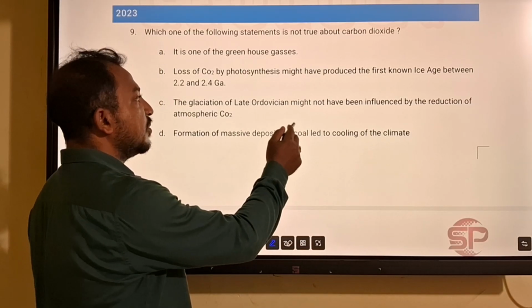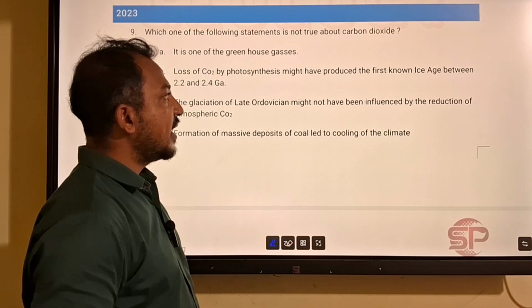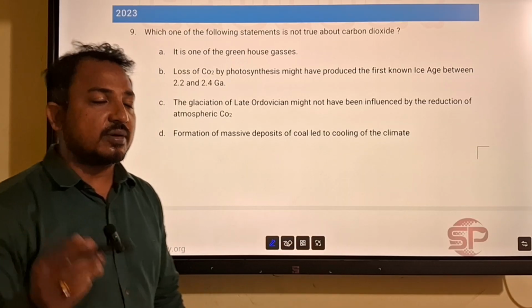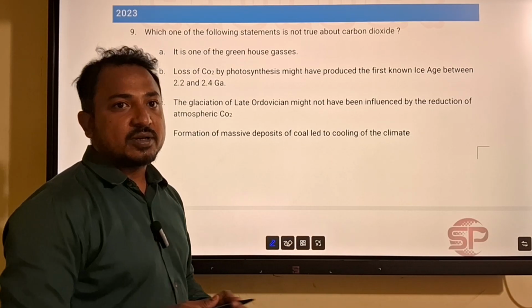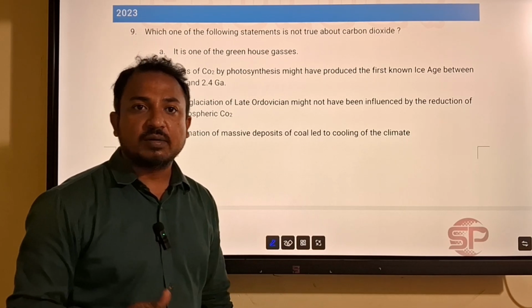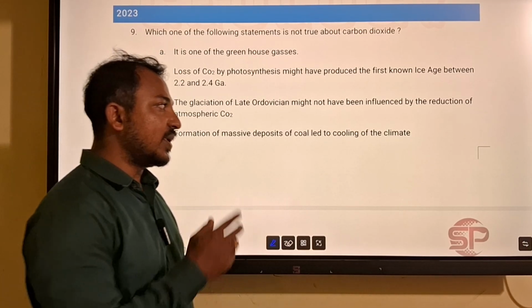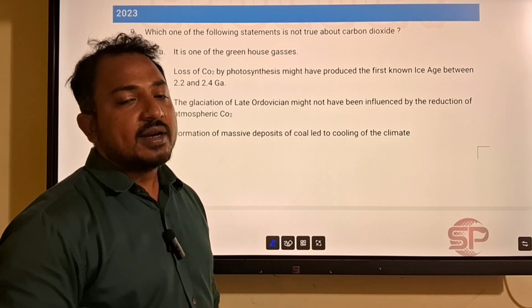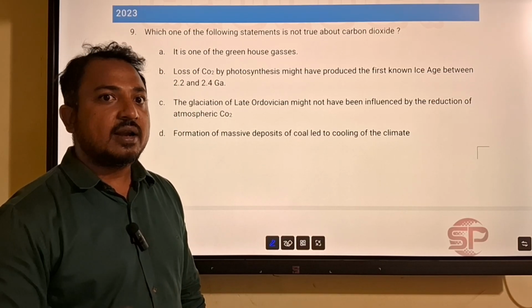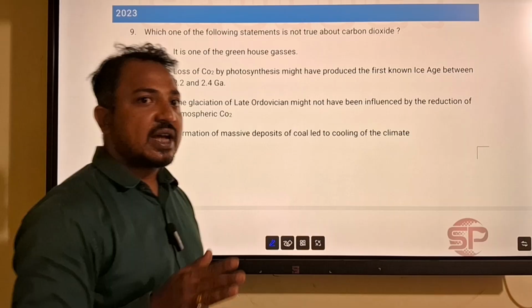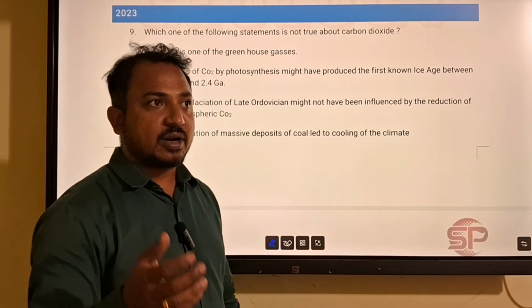And here during Ordovician, it is obviously affected by the reduction of CO2, which occurred by silicate weathering and massive deposits of coal, because coal deposition occurs without decomposition. That's why they trap the carbon dioxide within the earth, and the carbon dioxide percentage within the atmosphere will decrease. That produces a cooler climate.